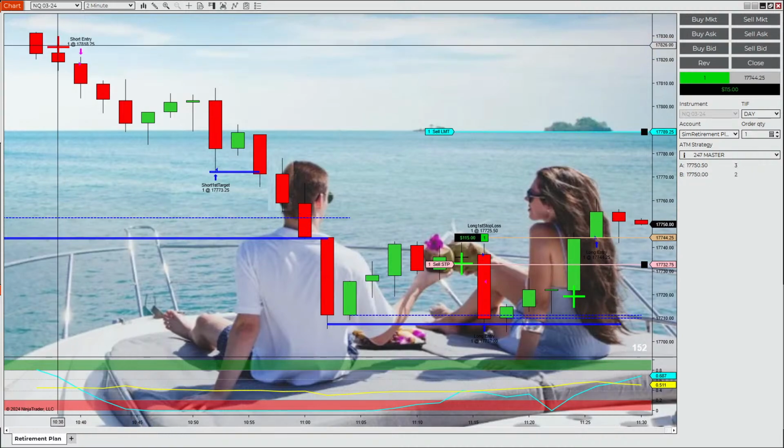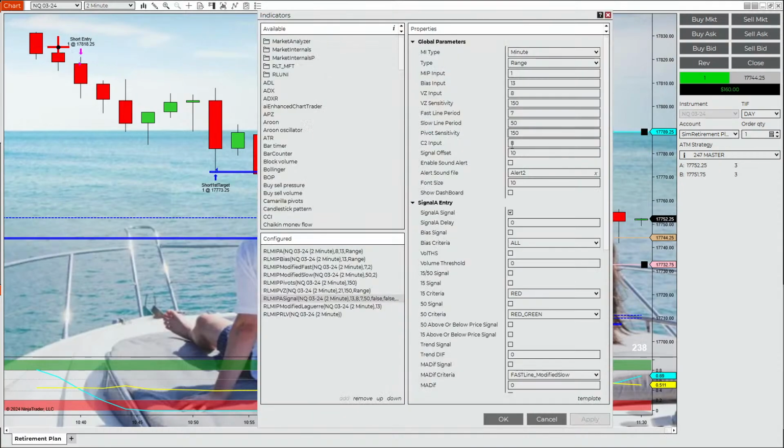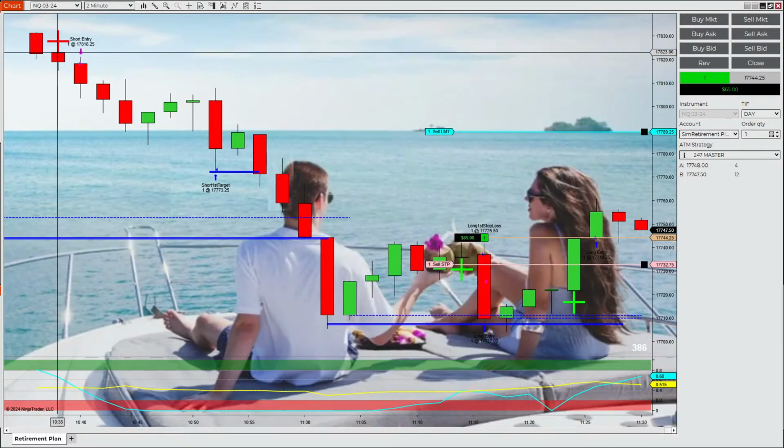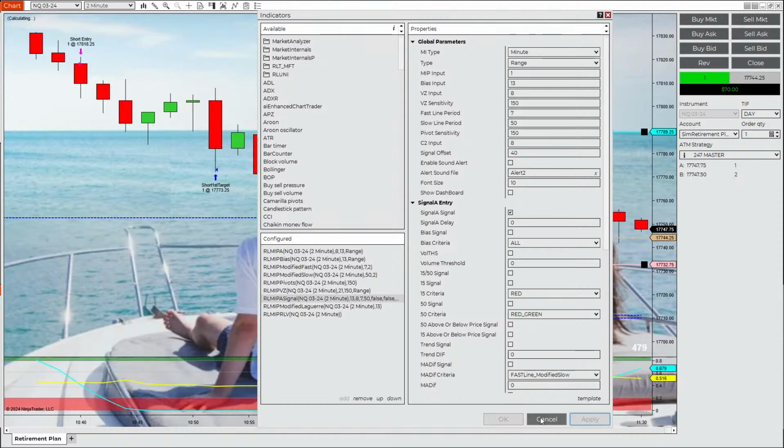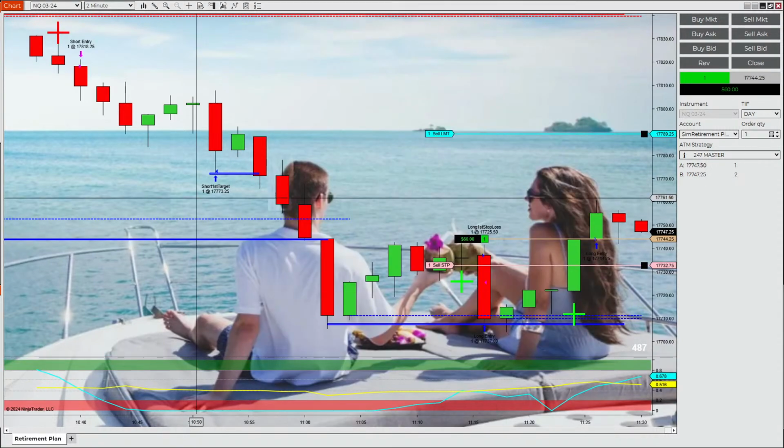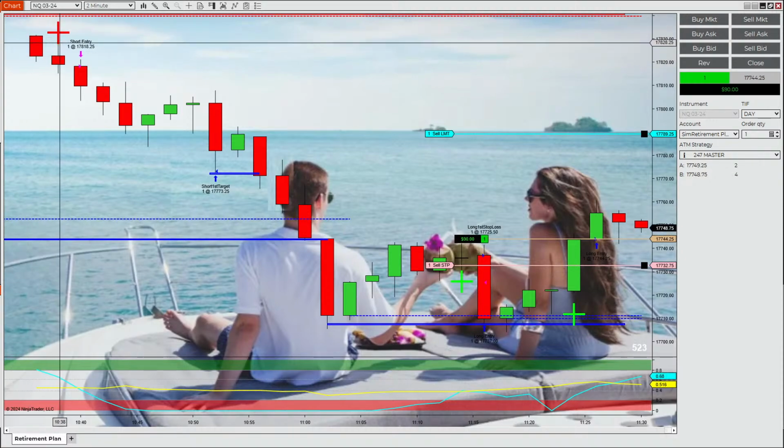Here was a short, this red cross over here, and you can move these around. It's this offset right here, the signal offset. So if I change it to 20, it's going to go further away from the candle. Let's change it to 40. So it moved it farther away from the candle.